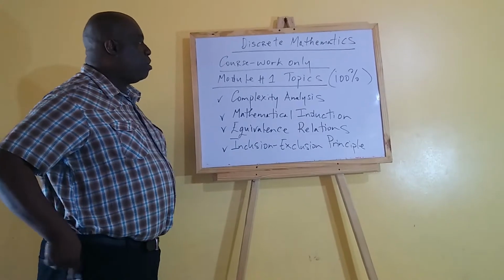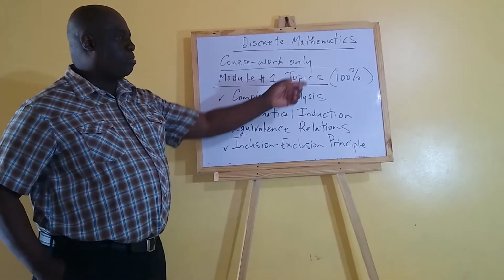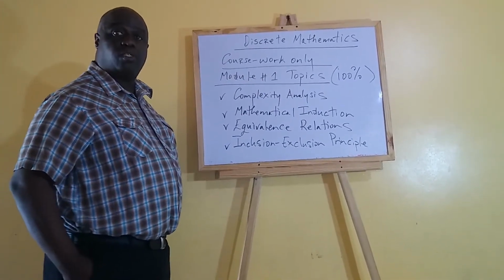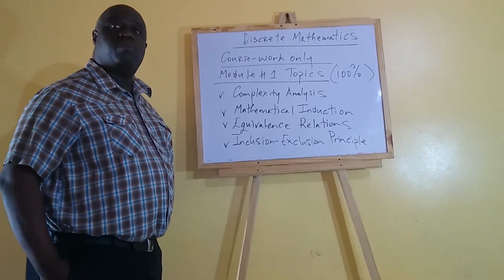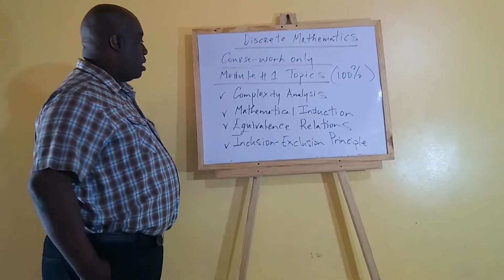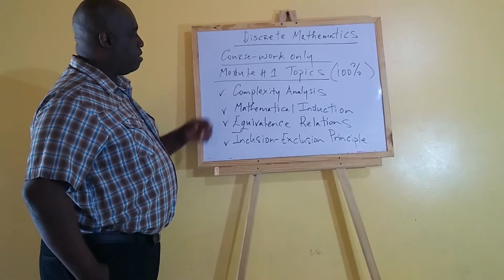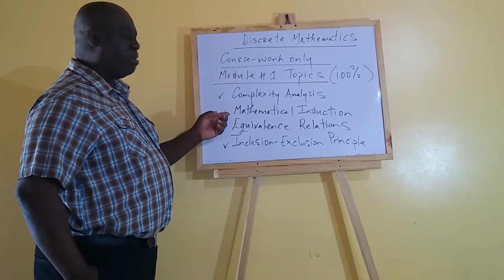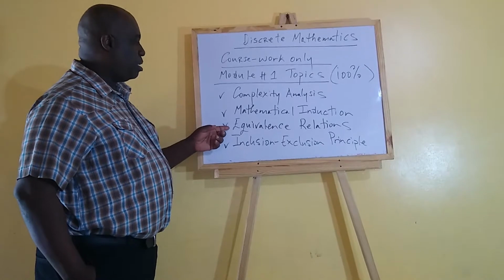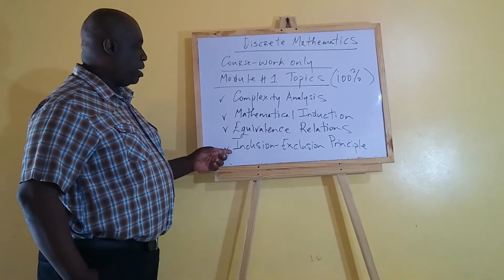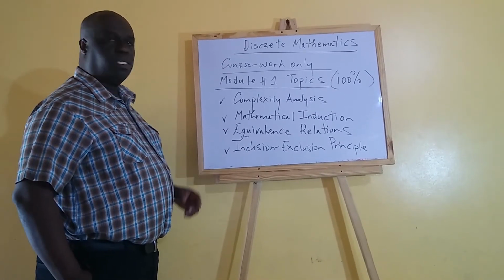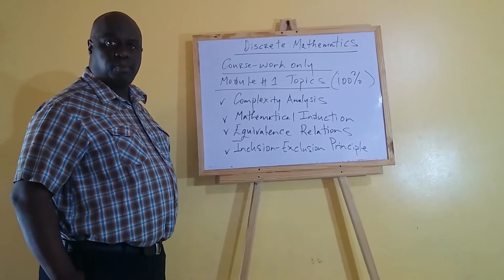Specifically, in Module 1, the topics to be covered at 100% of coursework, which you will be getting in the current week, will be covering the areas of complexity analysis, mathematical induction, equivalence relations, and inclusion-exclusion principles.